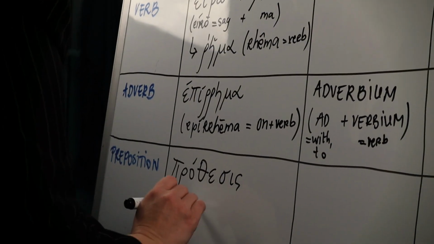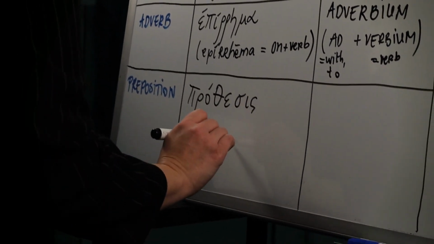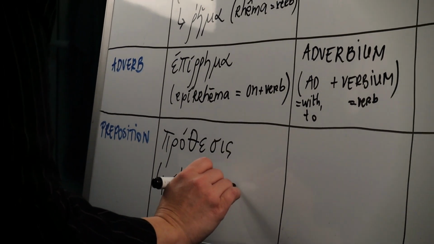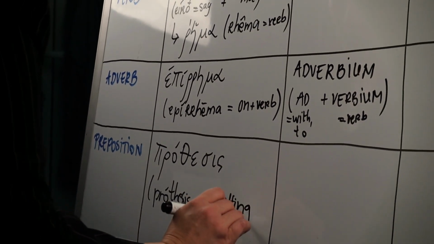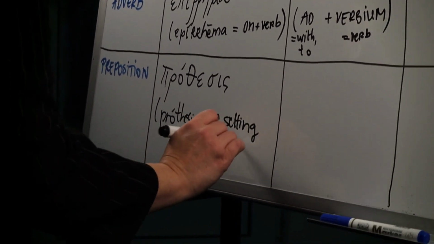And the last expression, when we're talking about the parts of speech, which I will be using normally as an expression in our future journey, is the word preposition. Preposition originates from the ancient Greek word prothesis, which means a setting before.